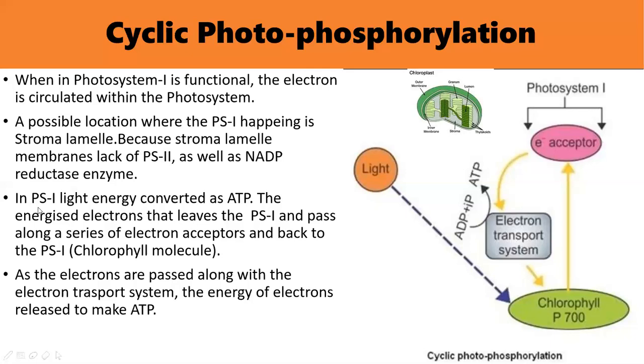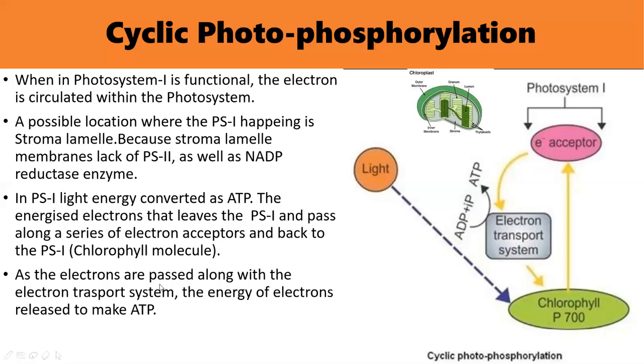In photosystem 1, light energy is converted to ATP. The energized electrons leave photosystem 1, pass along a series of electron acceptors and return to the same photosystem 1, meaning back to the chlorophyll molecule.